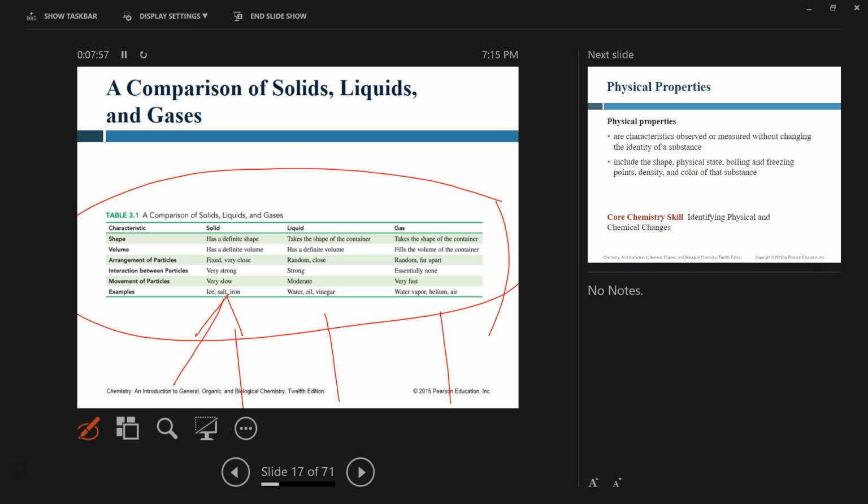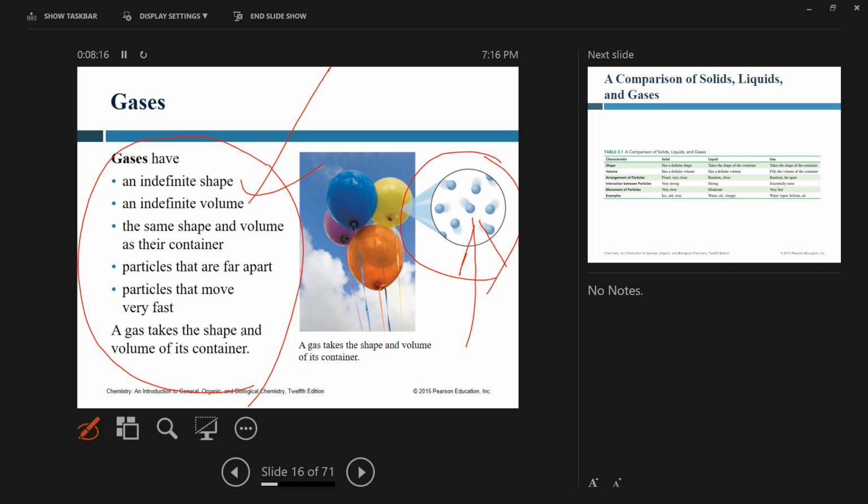Think, definite volume, indefinite shape. That sounds like liquid. So match: liquid. Got it? And so on and so forth. Does that make sense? I will try my best to base all the questions on these statements, so you don't have to readjust your learning to my vocabulary.